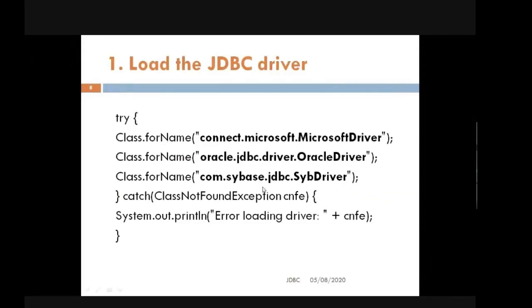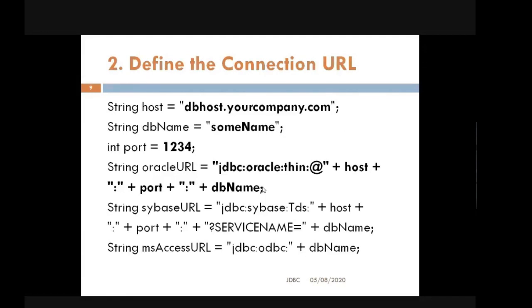Then after loading the driver, you have to define the connection URL. Host name, that is the IP address, or directly you can give the domain name of the server. Then your database name, your port number. If it is Oracle, you'll have a statement like this.